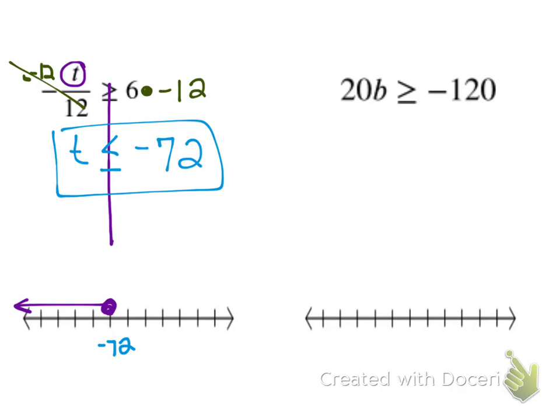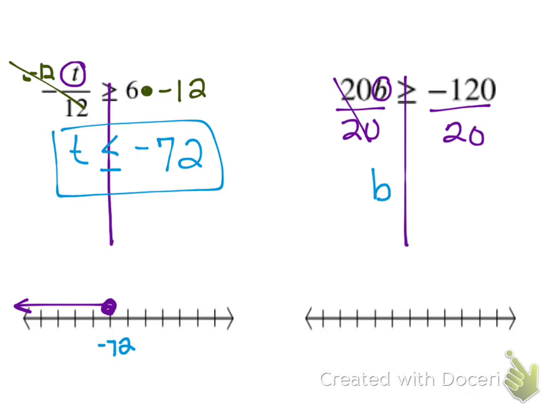All right, last one here. Divide each side by 20. You bring down the b, and then bring down the sign. It stays the same because I didn't divide by a negative.